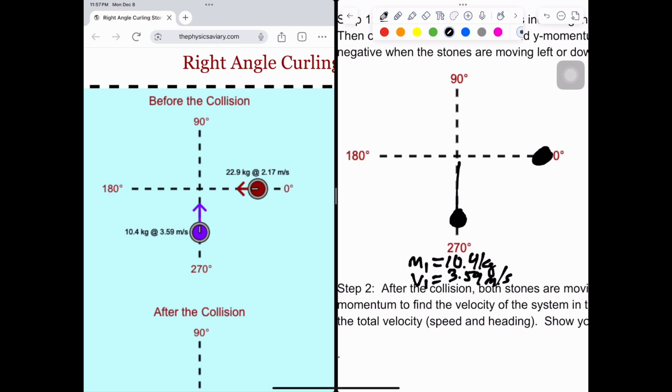Now notice it's going straight up, okay? Now, your angles are given right here. 0 degrees is to the right, up is 90, left is 180, down is 270, and back to right again is 360. So 360 and 0 are the same. Okay, now another way to think about it is this is only going in the positive y direction. So it only has positive y momentum.